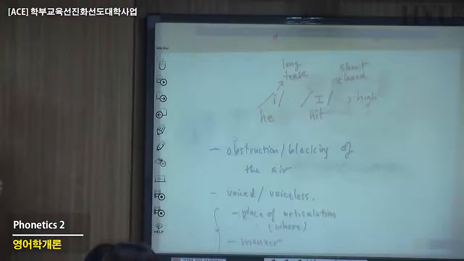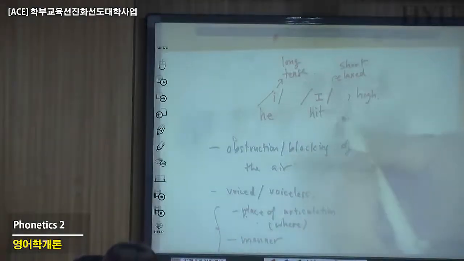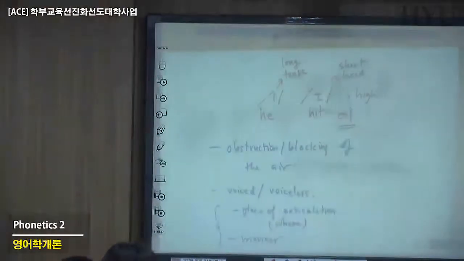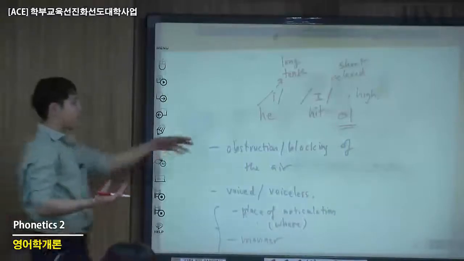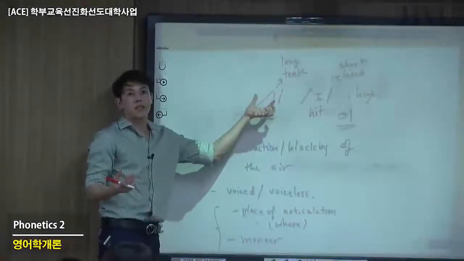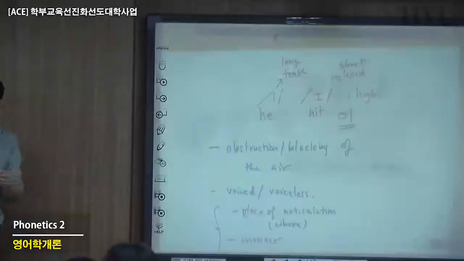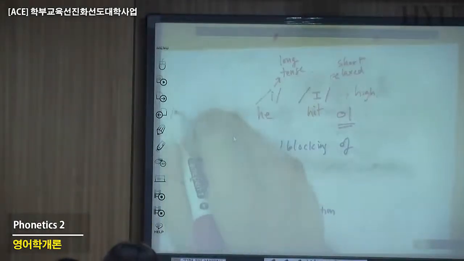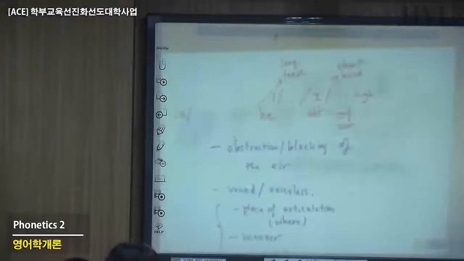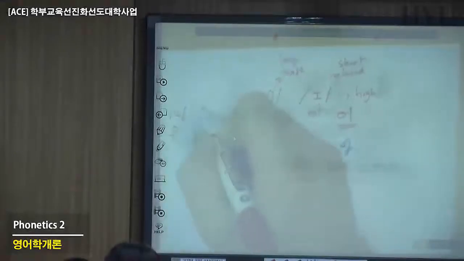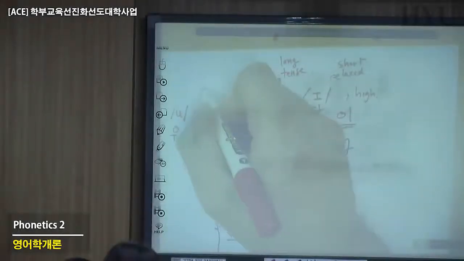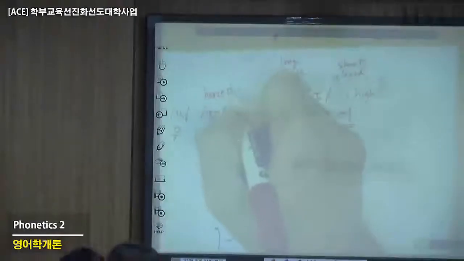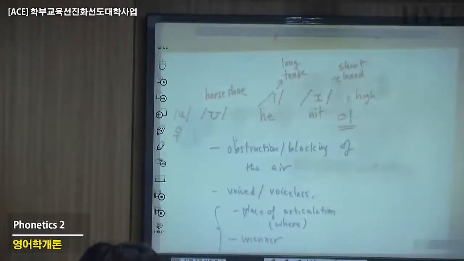In Korean, you have only this E, right? Which doesn't make a distinction between whether it's tense or relaxed. And then the U, this is U, like this. And then the other one looks like a horseshoe. You know horseshoe?